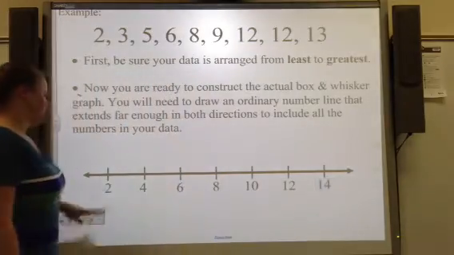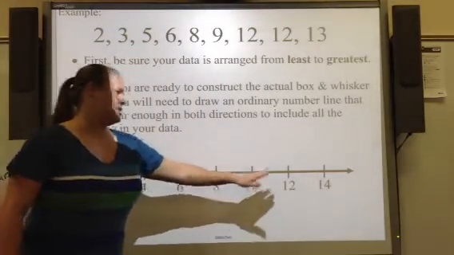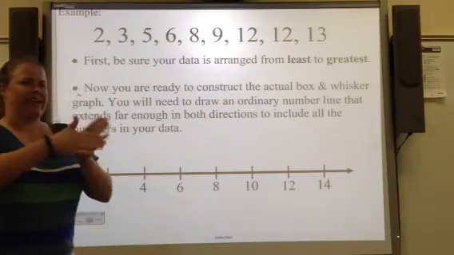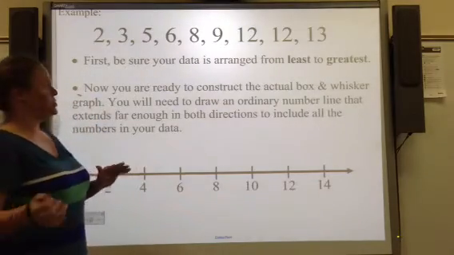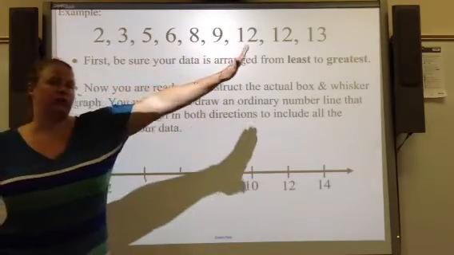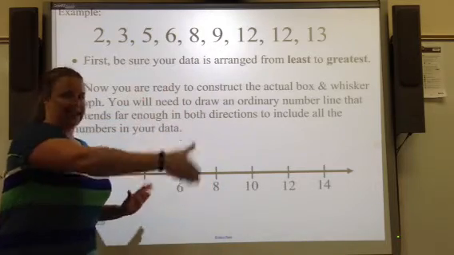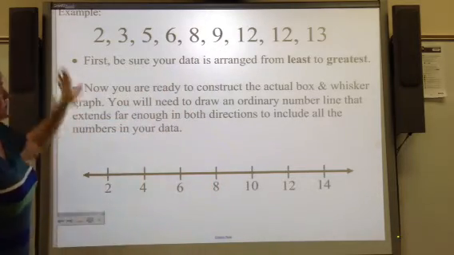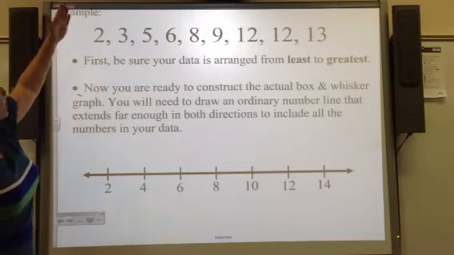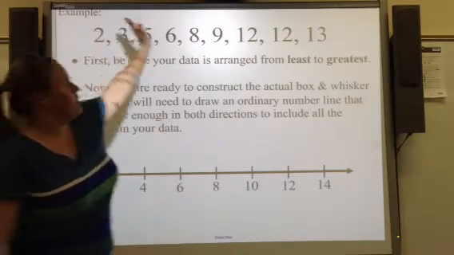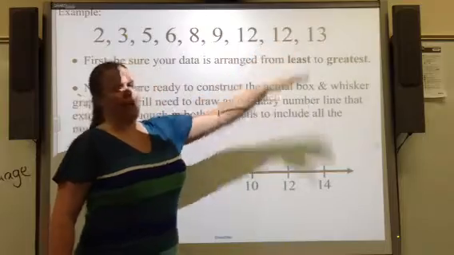I'm putting my values in: 2, 4, 6, 8, 10, 12, and 14. I've decided to scale my graph by 2s. Even though all those numbers aren't represented here, I've got to allow for the space and the correct intervals. I chose 2s because that covers me from my low number to over my last number.